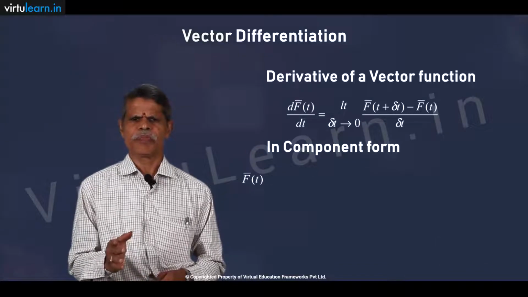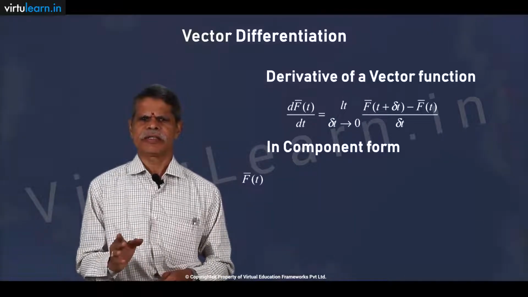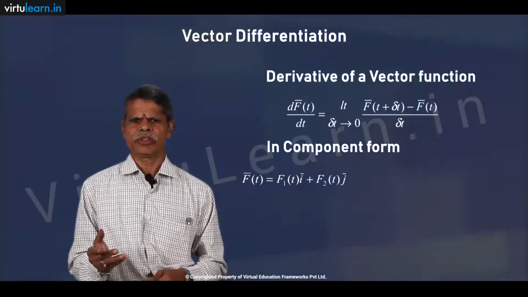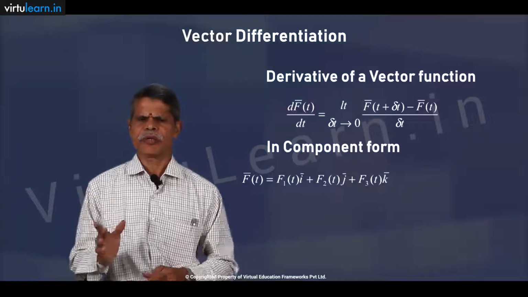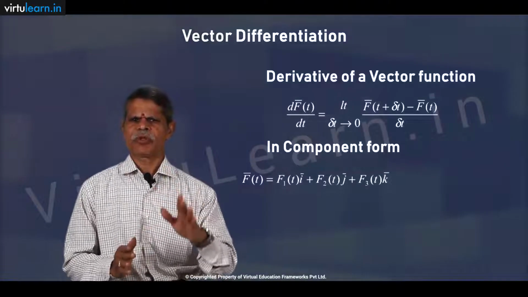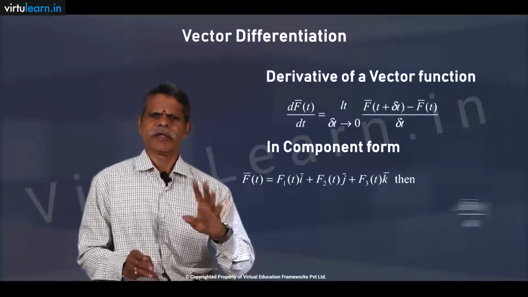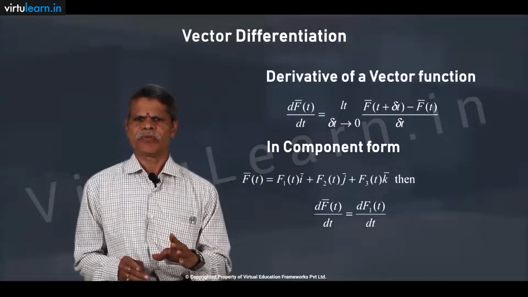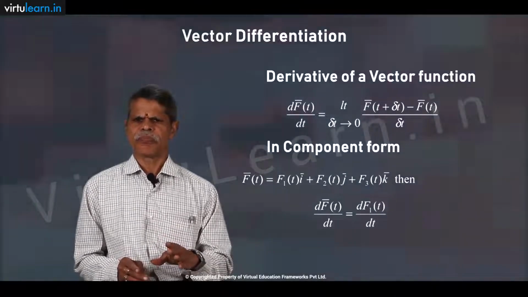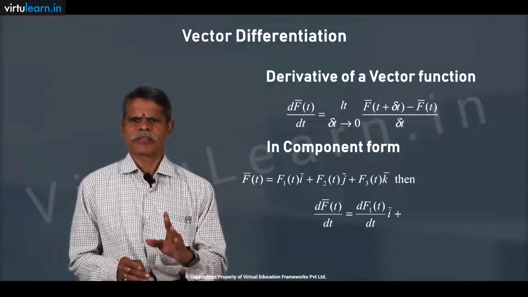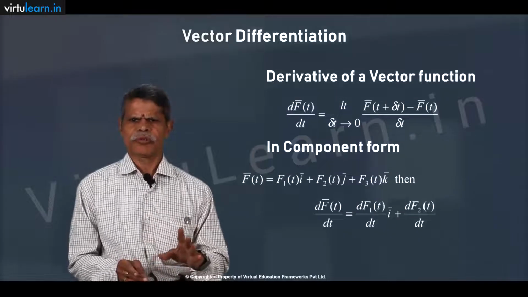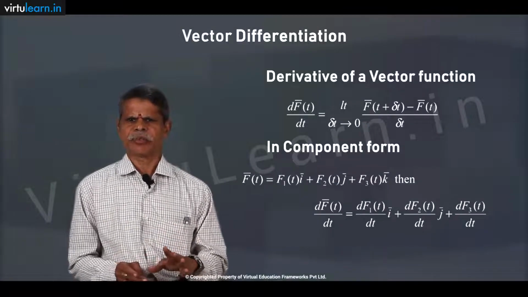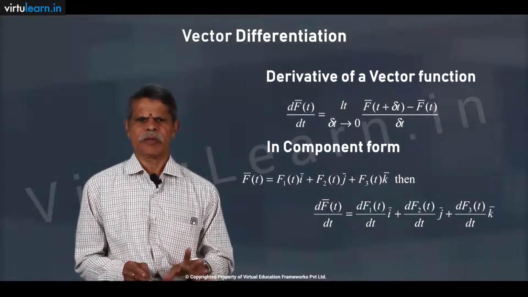So if f bar t is written as f1 of t times i bar plus f2 of t times j bar plus f3 of t times k bar, that means if f1, f2, f3 are its components, then df bar by dt can as well be written as d by dt of f1 of t multiplied by i bar plus d by dt of f2 of t multiplied by j bar plus d by dt of f3 of t multiplied by k bar.